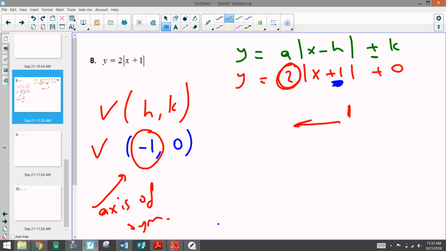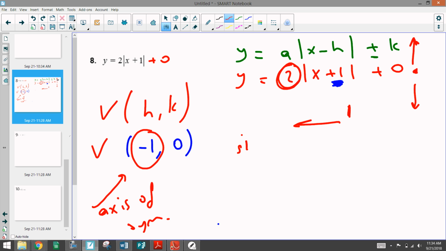That's it. Since it's not this one, what was k? What was the function of k? It was going up or down. So since it's 0 in my question, it's not going up or down. There is no vertical shift. We do have a horizontal shift.